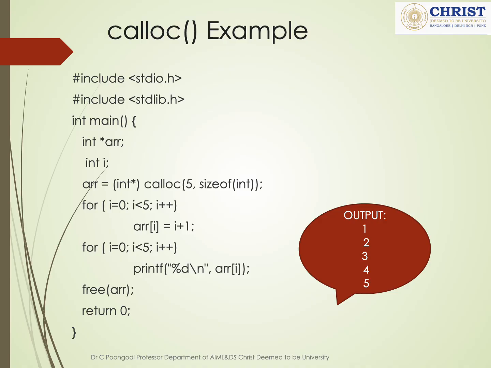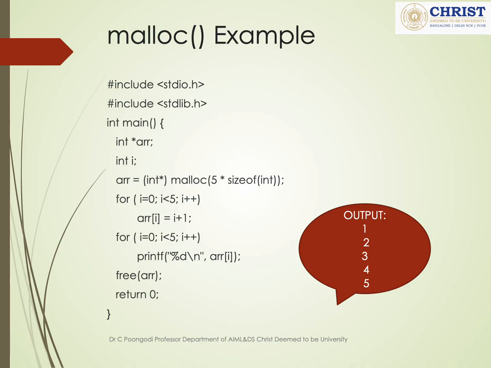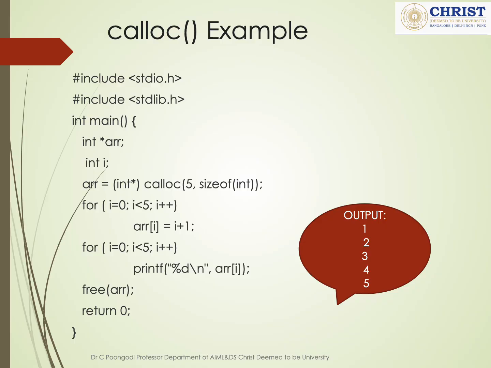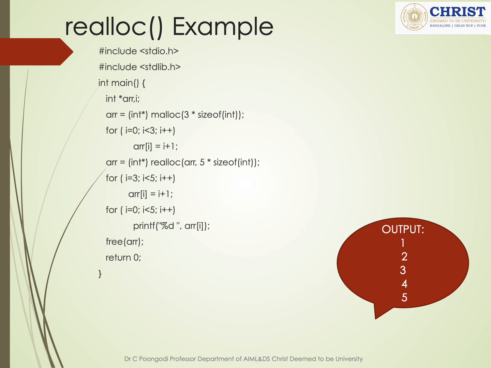And here the inputs are two: one is the number of elements you want, and then the bytes. These two inputs you have to give for calloc. In the case of malloc, you give only the total number of bytes to be allocated. That is the difference between malloc and calloc. The remaining are the same purpose only. You can use either calloc or malloc.